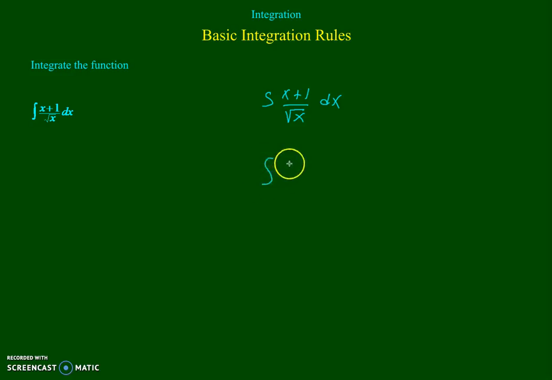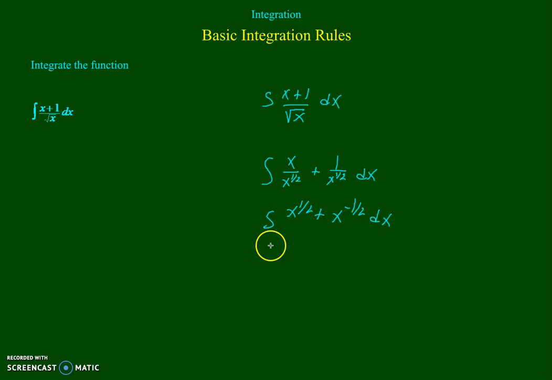So we have the integral of x over x to the 1/2. I'm going to change this to a rational exponent plus 1 over x to the 1/2 dx. And now x to the 2/2 minus x to the 1/2 is simply x to the 1/2 plus x to the negative 1/2 dx.